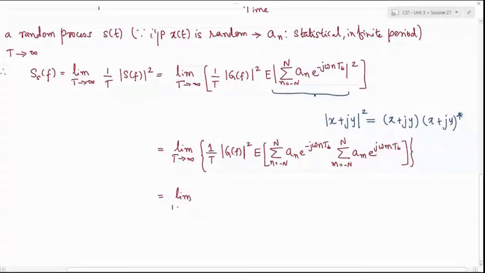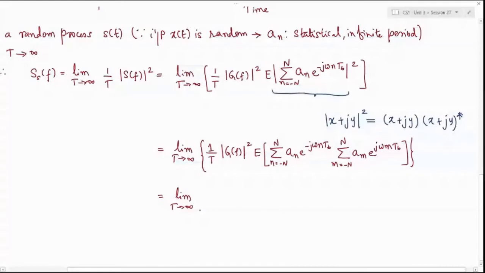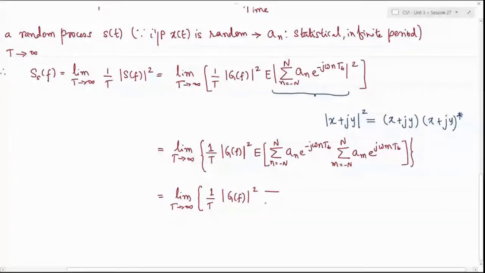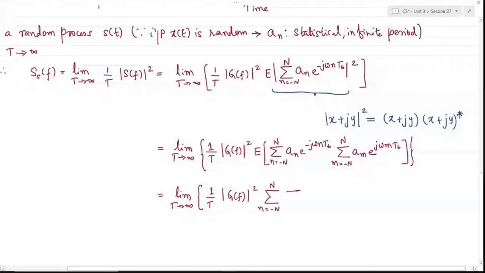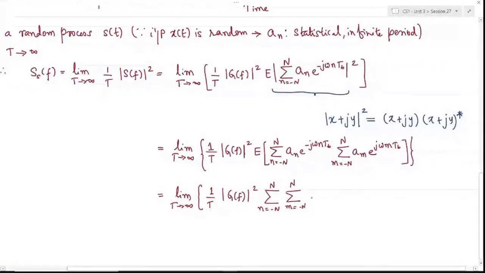This can be simplified further as I can group a few terms at this point. This can be written as the expectation of a double summation, since expectation and summation are linear operators, with m and n ranging from minus N to plus N. So the expectation of the product of two random values, a_n and a_m.